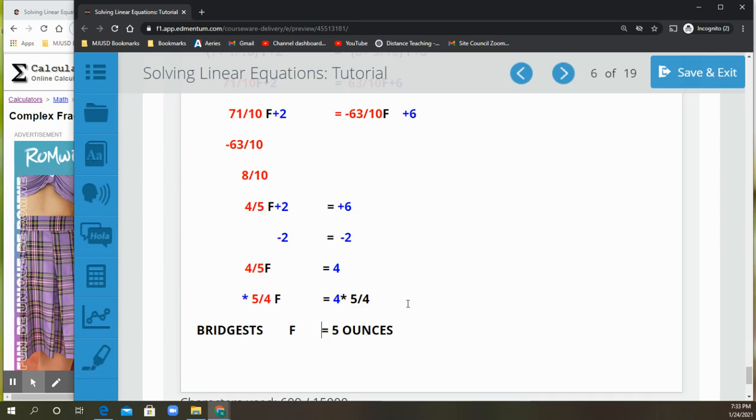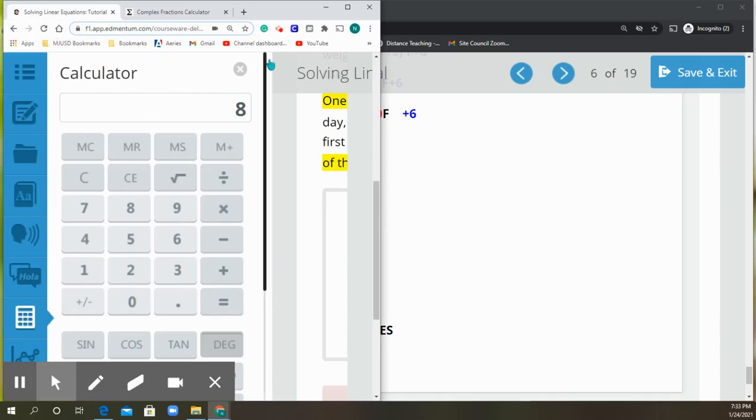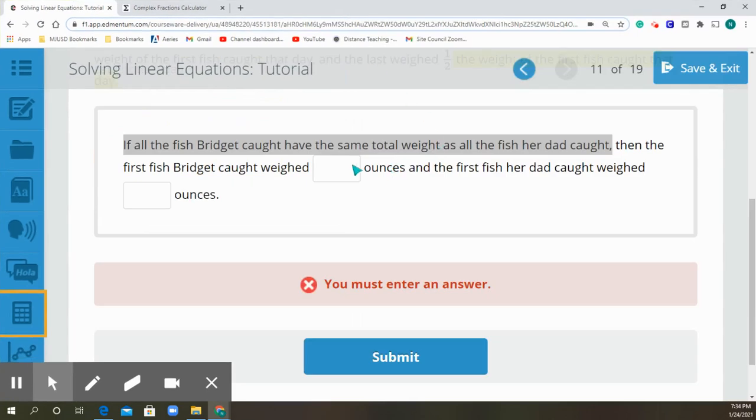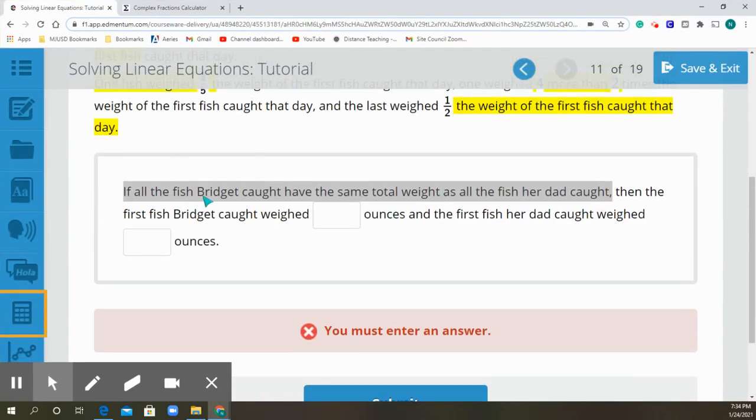All right, so now we know that she has 5 ounces for her first fish. So going back to the problem, if all the fish Bridget caught have the same total weight as all the fish her dad caught, then the first fish Bridget caught weighed 5 ounces.